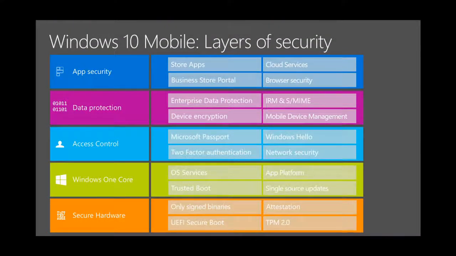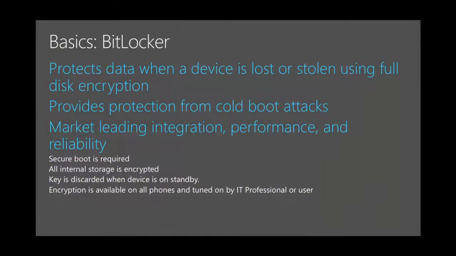So let's talk about data protection, which is the next layer. How do we protect data on the device? We have secure access, we have a secure operating system, and we need to protect the data on the device. All devices have BitLocker. It's generic device encryption across the device. You can set it on, and the user can turn it on too, interactively, which is new in Windows 10 mobile devices.